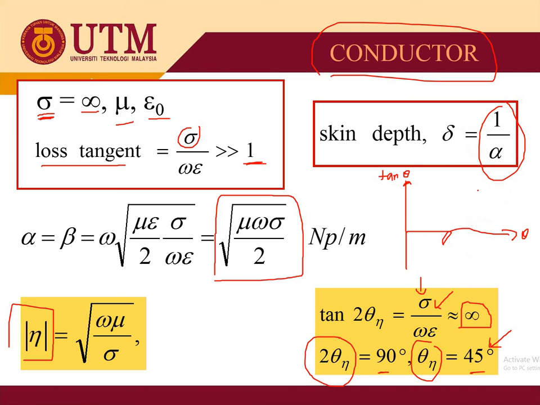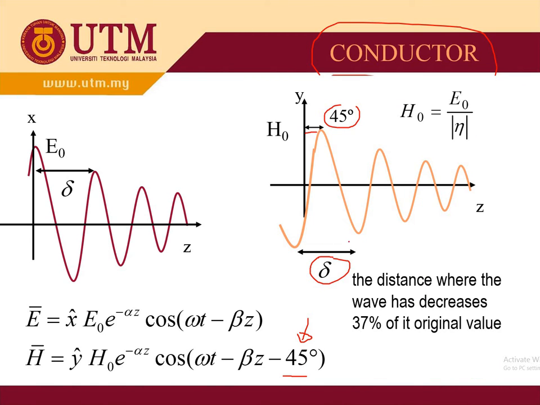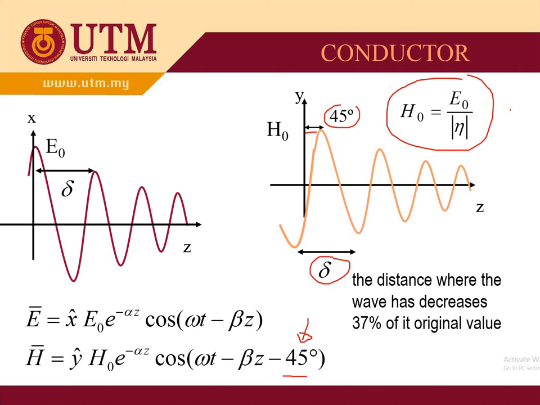So the skin depth is 1 over alpha, and alpha is equal to this value. This is your skin depth. And as standard, H naught is equal to E naught over the magnitude of the intrinsic impedance.